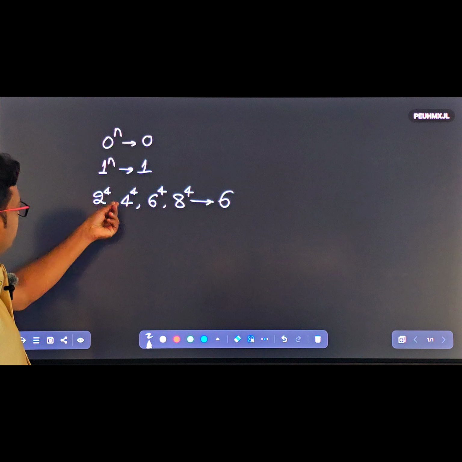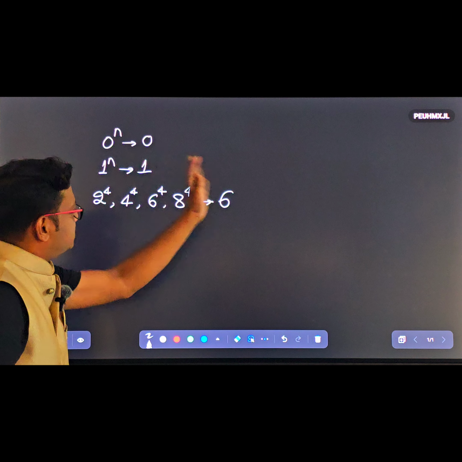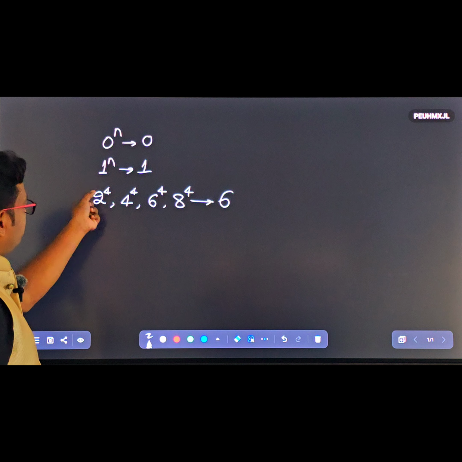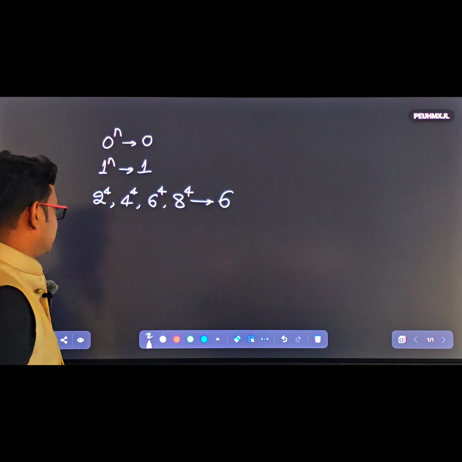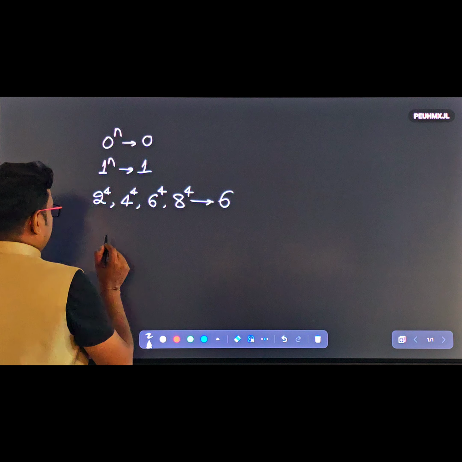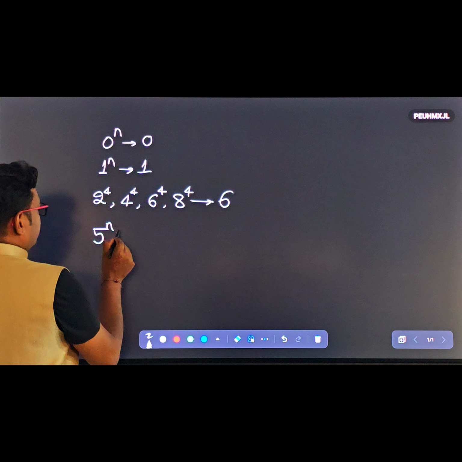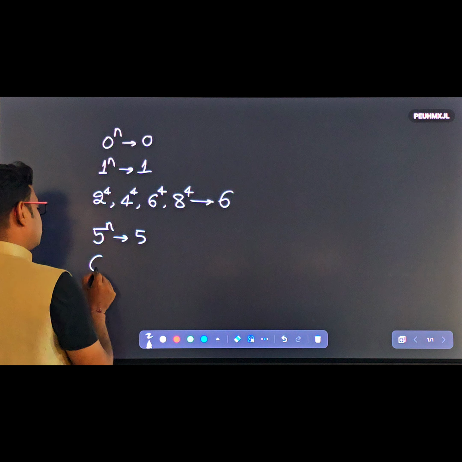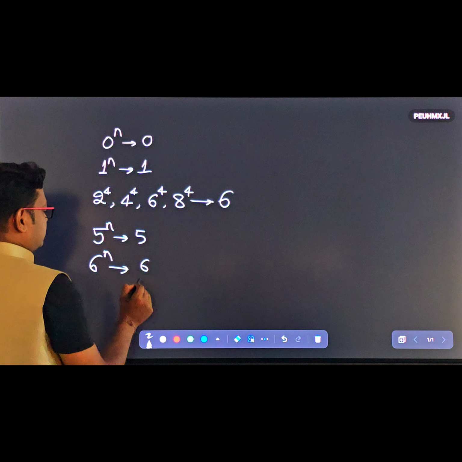That means even number power 4 is always 6, my dear friends. Then I know 5 power anything is 5, 6 power anything is 6.